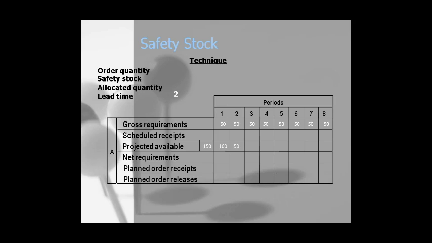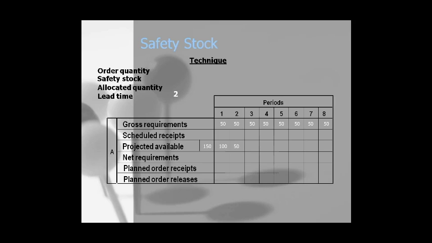When I went through the basic MRP calculation, it was projected available balance from the prior period, plus any receipts, minus gross requirements. Well, when we add safety stock, we add another component there.